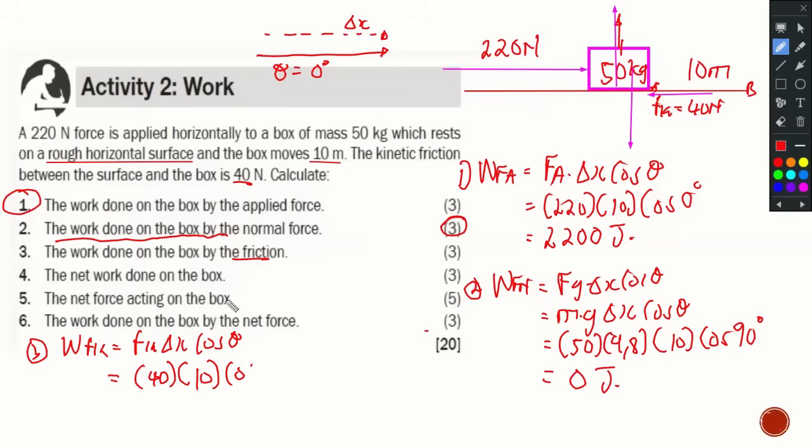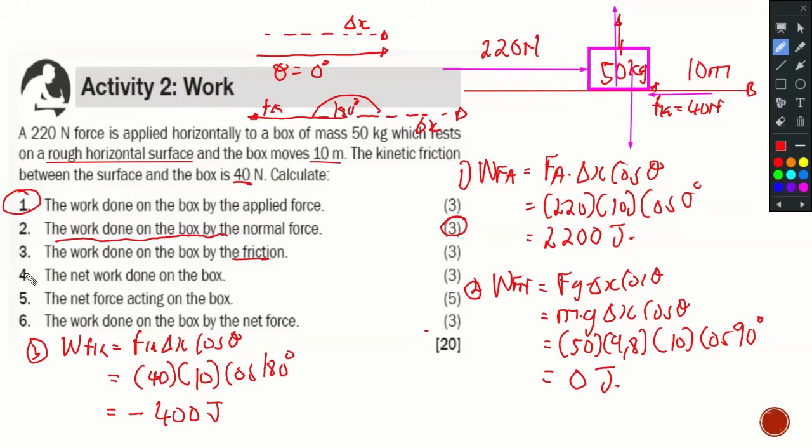And then for cos, note that Fk is in the opposite direction of the displacement. So there goes your Fk, there goes your displacement. The angle between the displacement and Fk is 180 degrees. So we're going to have cos 180 degrees here. This is going to give us negative 400 joules.